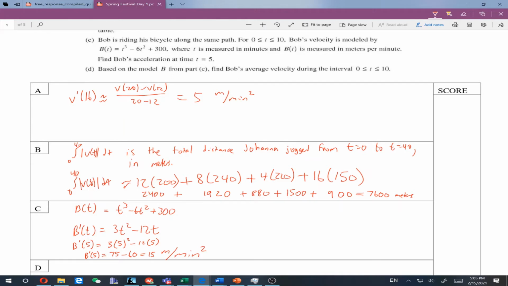So what is B(t)? B(t) is velocity. So if we have an equation for velocity and I want average velocity, then what I'm really looking for is the average value of B(t). So how can I set up the average value formula for B(t)? Yes.